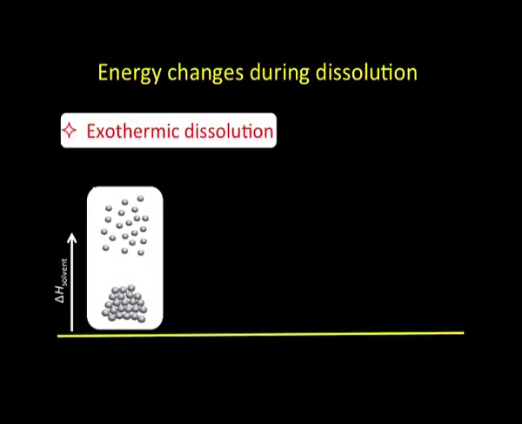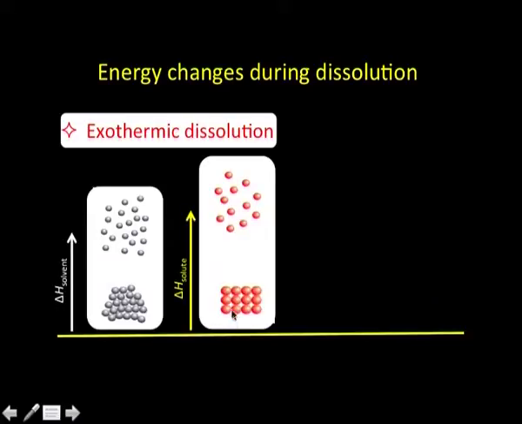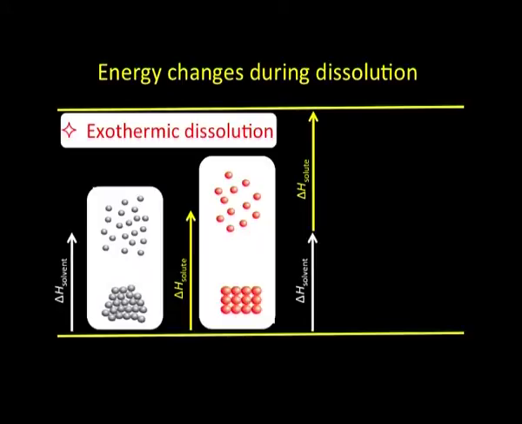We start with, say, solvent particles there, they separate out, and this is the energy change delta H solvent over there. Similarly, we start with the solute, that also separates out, and this is the energy involved in that, delta H solute. Both these energies are required to be supplied from outside, and the total energy supplied is sum of these two. That means this is for the solvent, this is for the solute put together. So, initially this was my energy, now the energy becomes so much here.